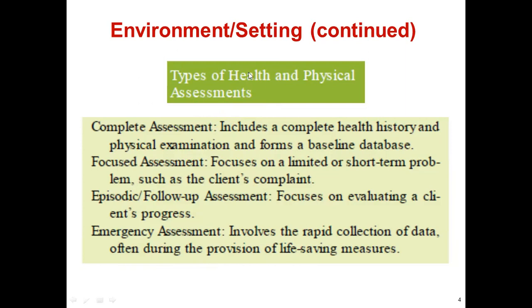Imagine you are working in the emergency department and you got 3 patients. One patient came with bronchial asthma. Another patient came to you with diabetes mellitus, and another patient came to you with a road traffic accident, a very bad road traffic accident.